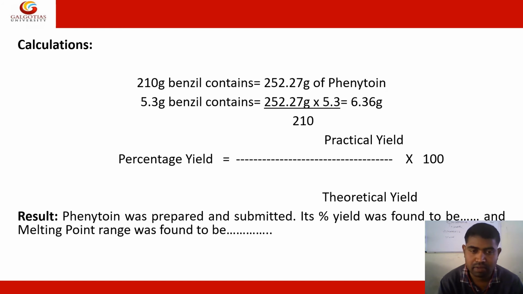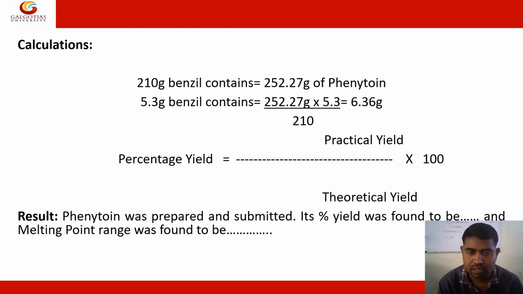So similarly 5.3 gram of benzil gives 252.27 gram multiplied by 5.3 gram divided by 210 gram of benzil, and you will get the theoretical yield, that is 6.3 gram of phenytoin. So this amount is a theoretical value.